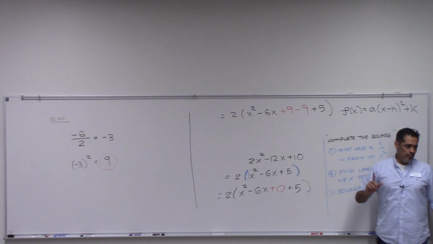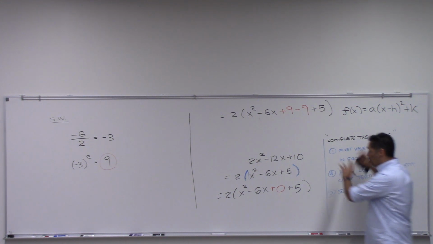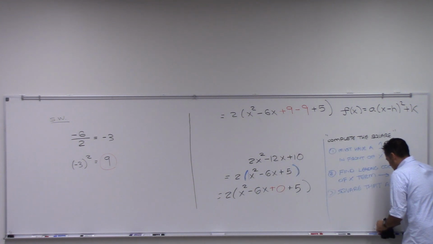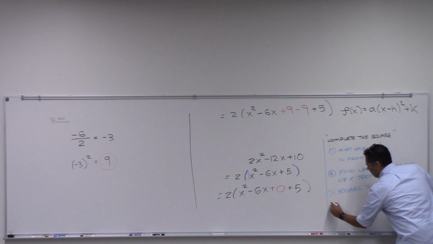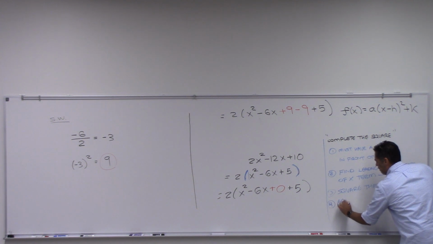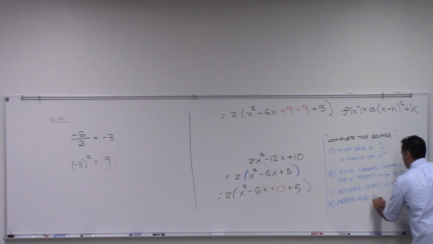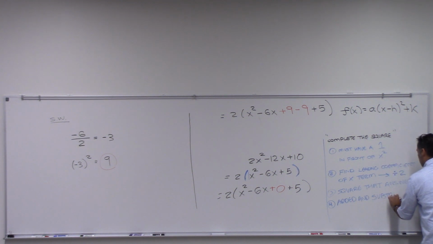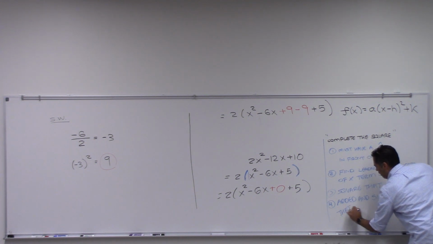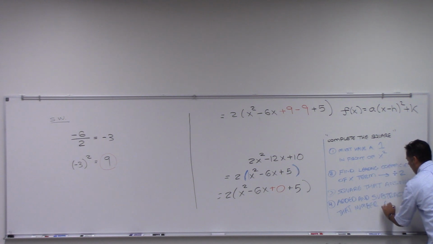Now, the reason we do that is because if you do everything correctly here, I should put this step. What did I do? How do you even say this? I added and subtracted that number, right after the x term.